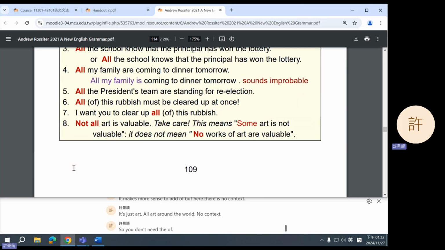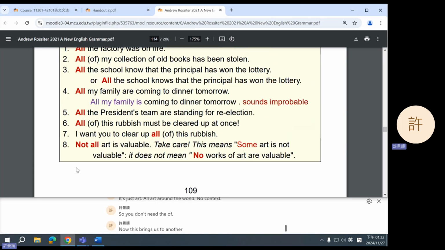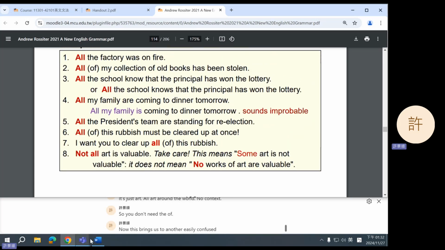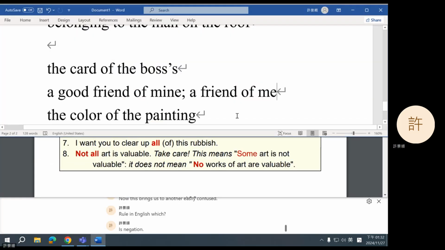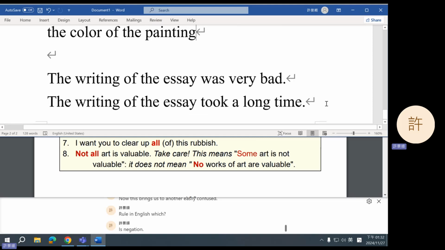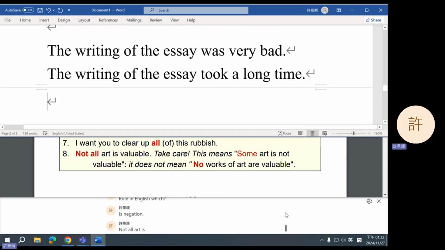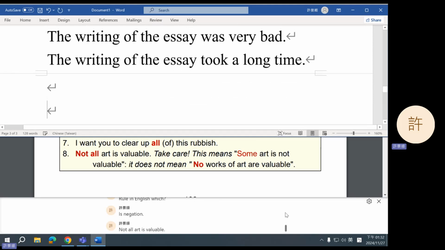Now this brings us to another easily confused rule in English, which is negation. Not all art is valuable. Let me type this out.